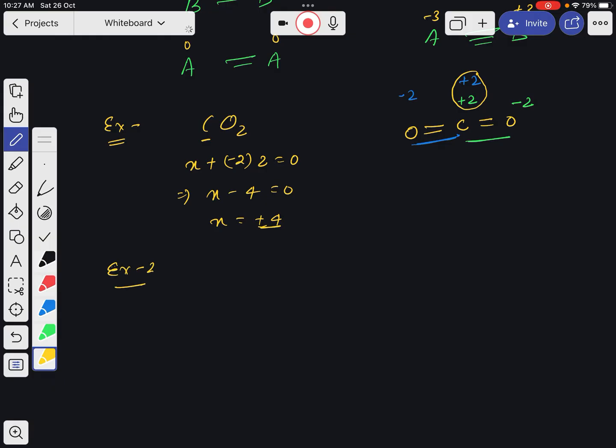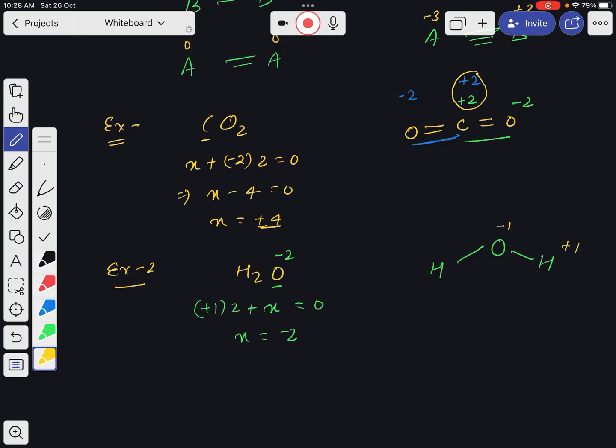Okay, another example, number 2. Let us consider H2O. In H2O, the oxidation number of oxygen is X and hydrogen is +1 into 2 equal to 0, so X equal to -2. The oxidation number of oxygen is -2. If you write the structural formula, here the oxidation number of oxygen is -1 and here +1.